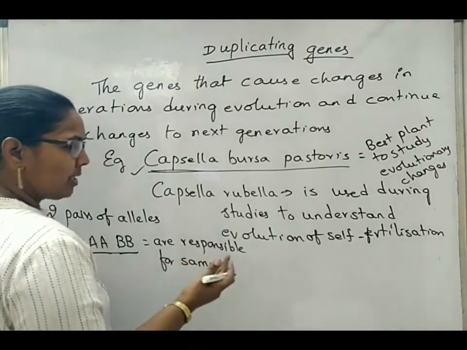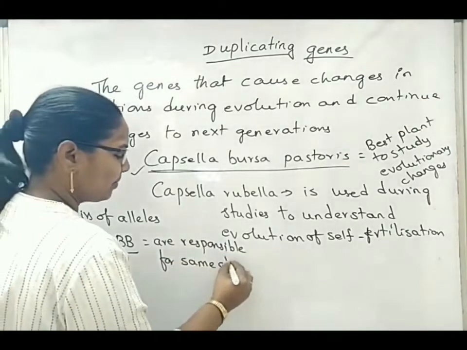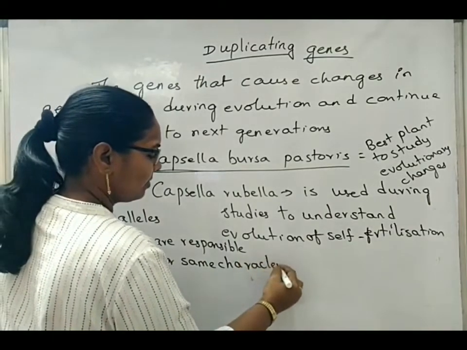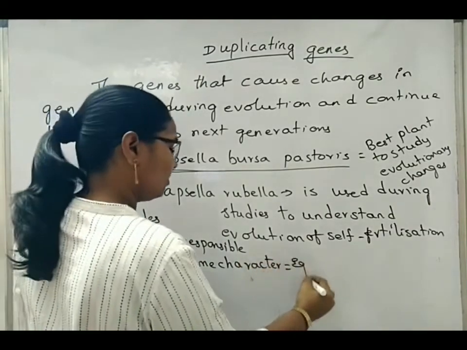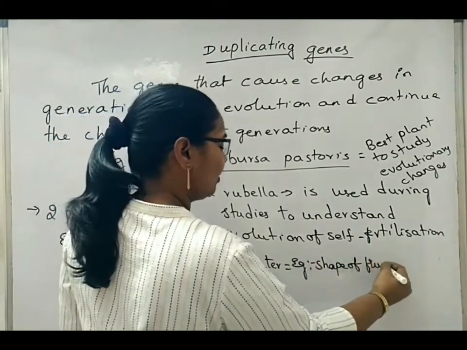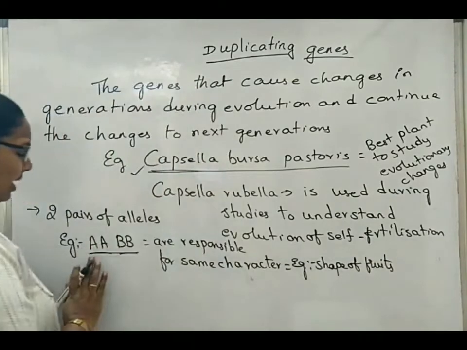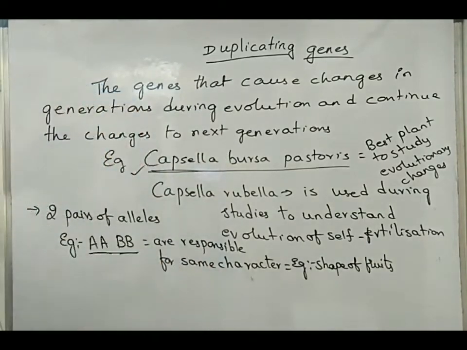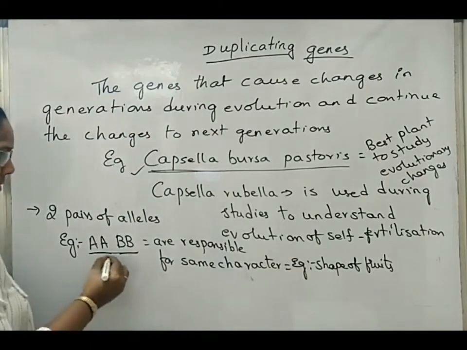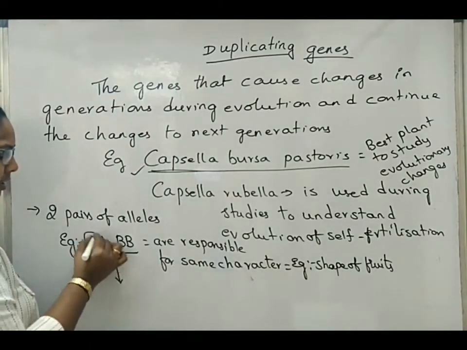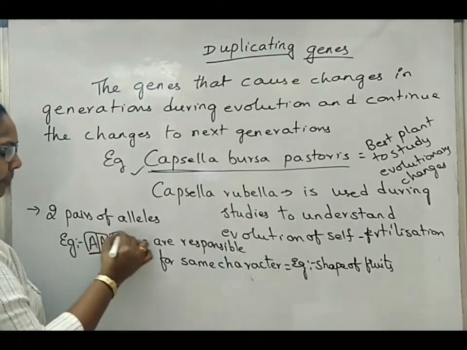That is, suppose you take the shape of the fruit. It means that though the allele pairs may be different, they are coding for the same type of character, phenotype or trait.